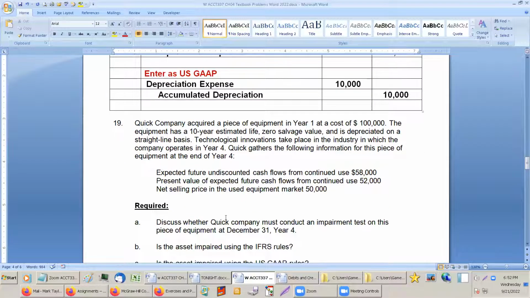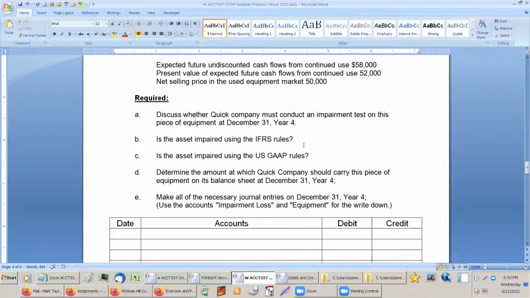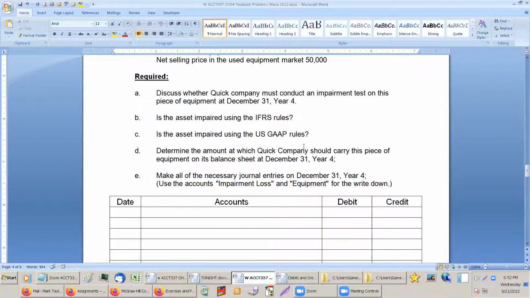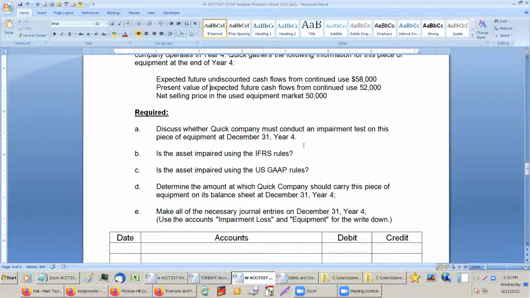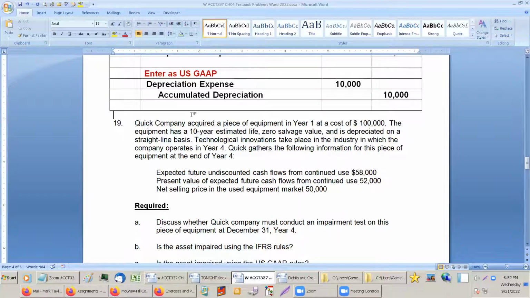Okay, number 19, you know what? I think we'll take a break. Number 19 takes a while. Yeah, I think let's take a break here.